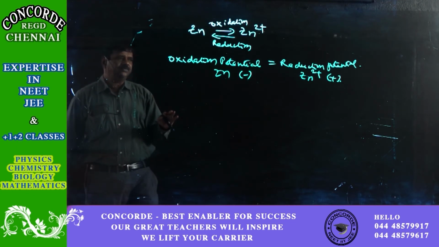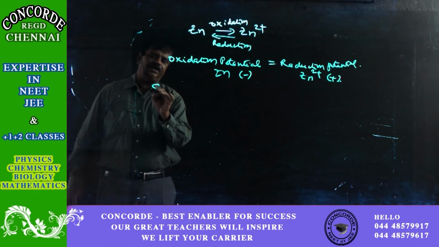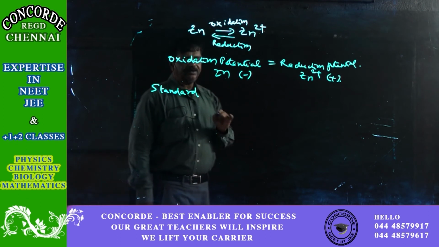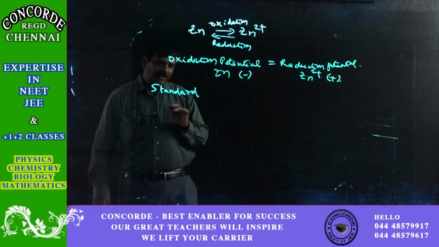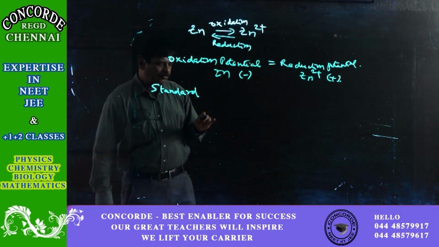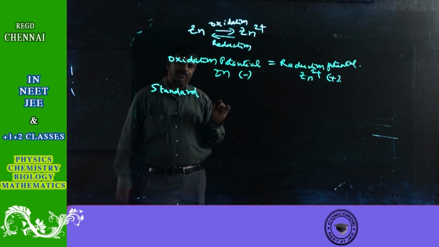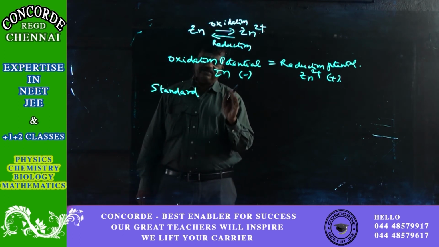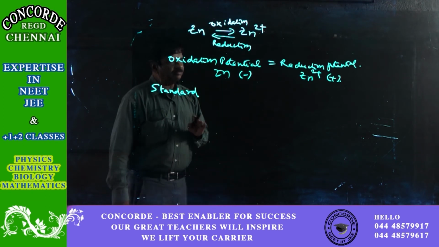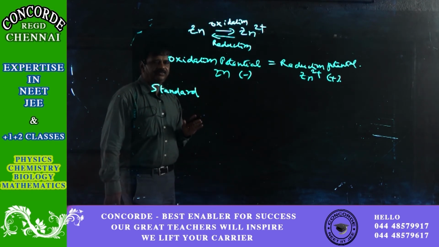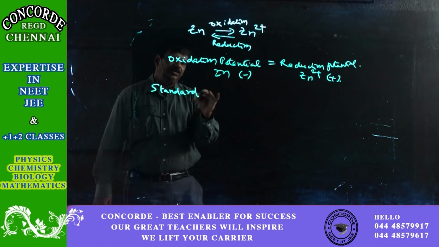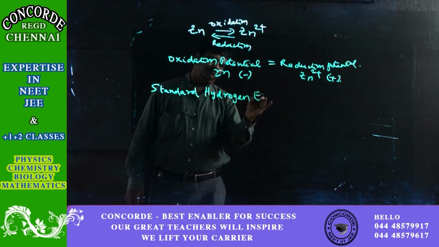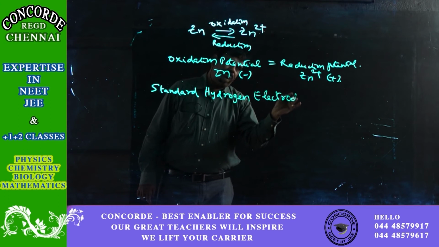So there is a need for having a standard cell or an electrode whose EMF can be found out. Having this as a standard, we can find out the EMF or the potentials of others. With that aim, the standard hydrogen electrode is devised.